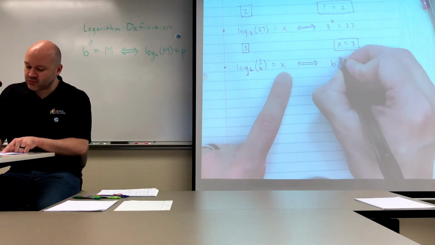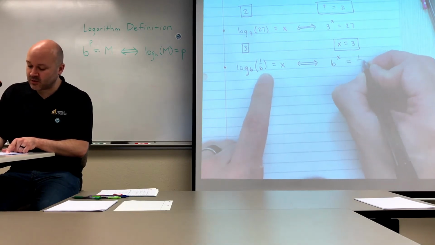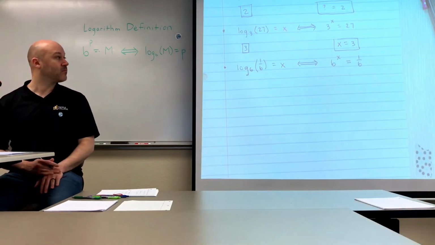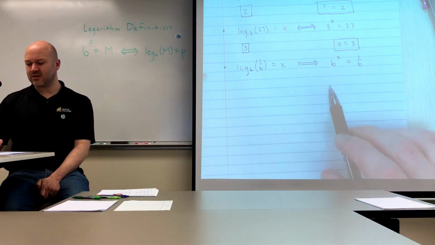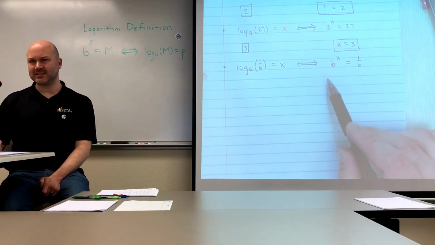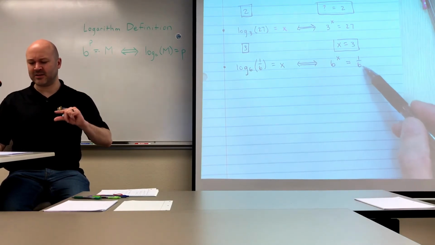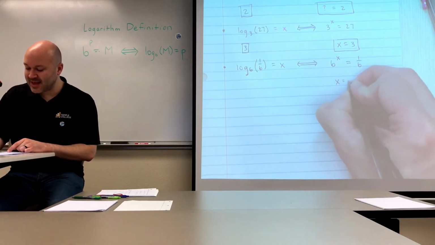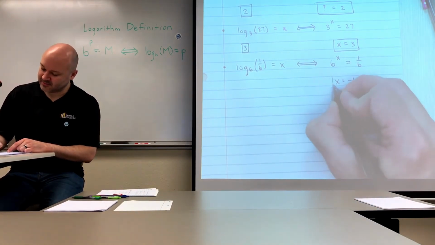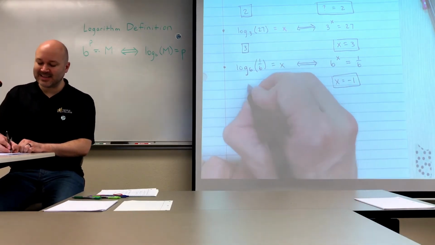Base 6 raised to the x power will equal the argument 1 over 6. And then what power would take my 6 and reciprocate it, kick it down into the denominator? A negative 1 will do that. Log base 6 of 1/6 is negative 1.